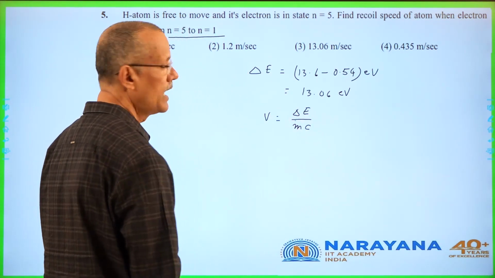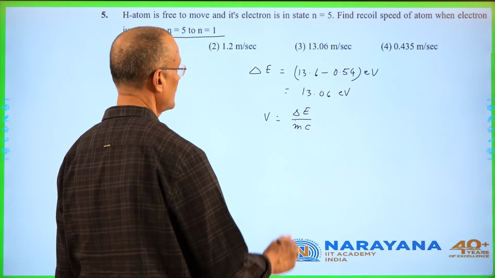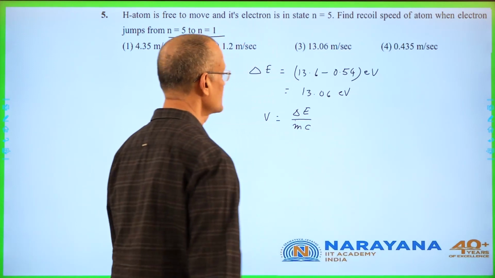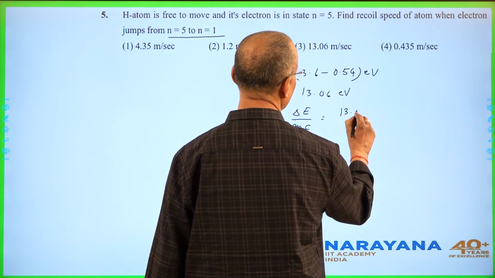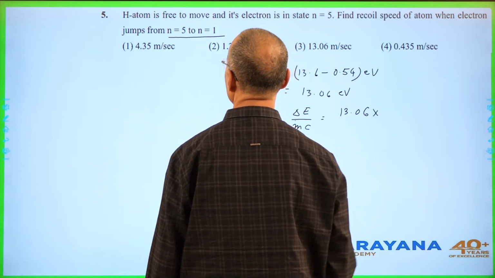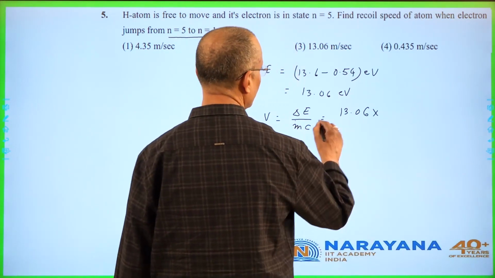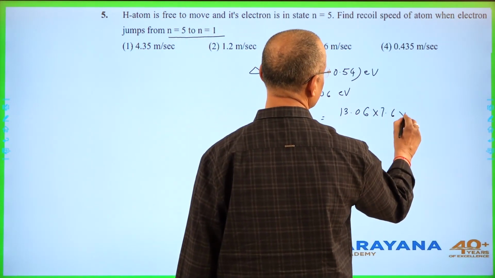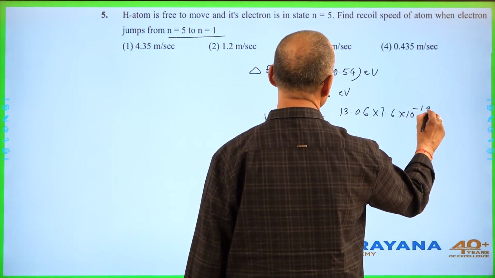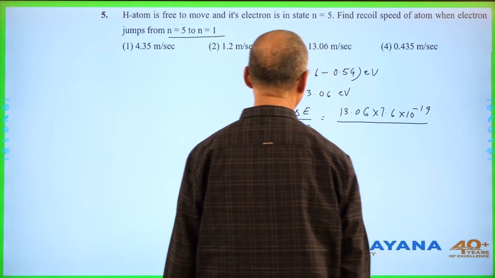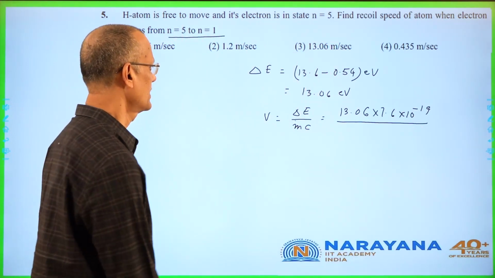Am I right? No. Hydrogen atom, whenever you will be taking the mass, you will be taking del E is 13.06 into, you are taking electron volt 1.6 10 to the power minus 19, divided by hydrogen atom. You can take mass of proton near about.